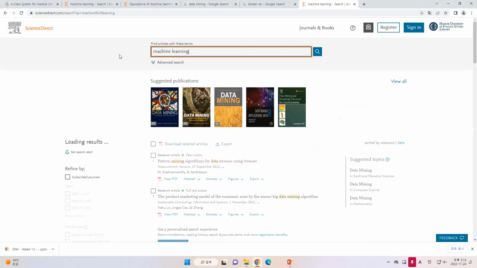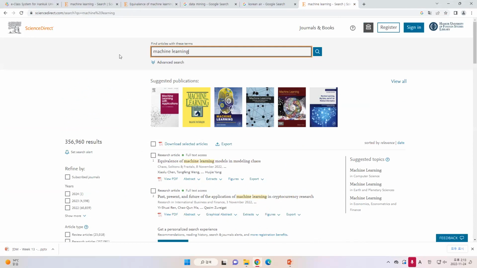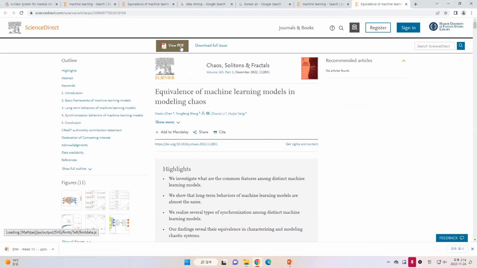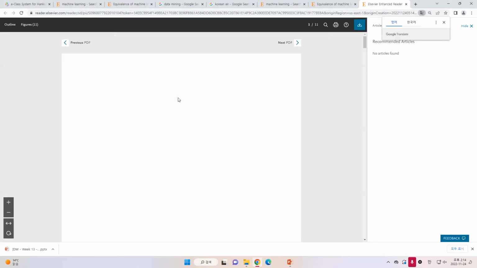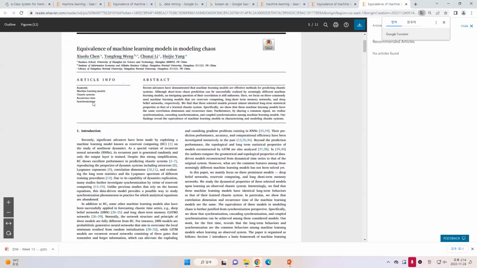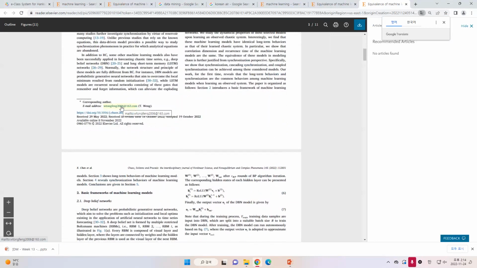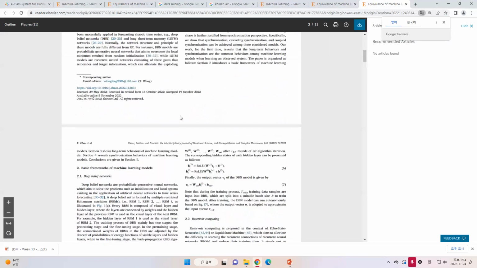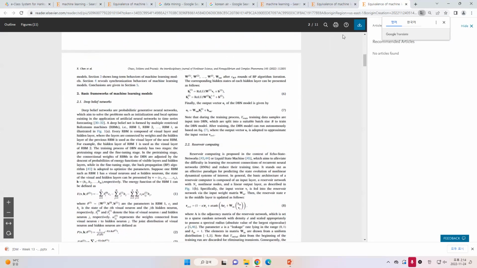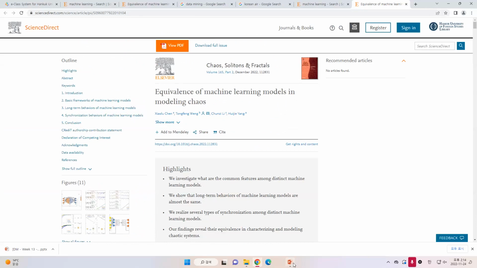Nowadays, the word machine learning is similar to data mining. If you look at this one, for example, they have the word machine learning. The contents represent data mining, even though there is no keyword data mining. So this kind of thing is synonymity.